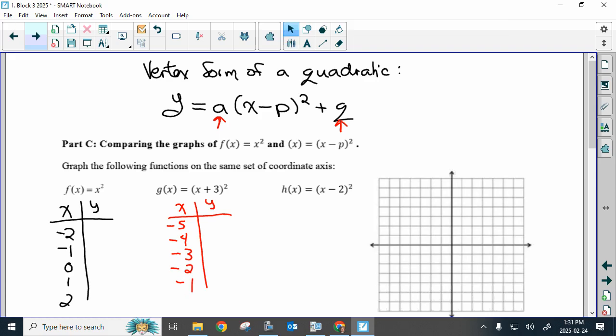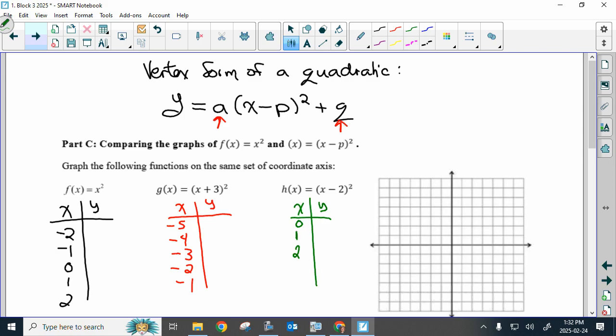And when you look at the graph, you're going to understand why. All I want you guys to do is, graphing them one at a time, create a table of values for each function, sketch all three of them on the same grid, and then we're going to talk about them.